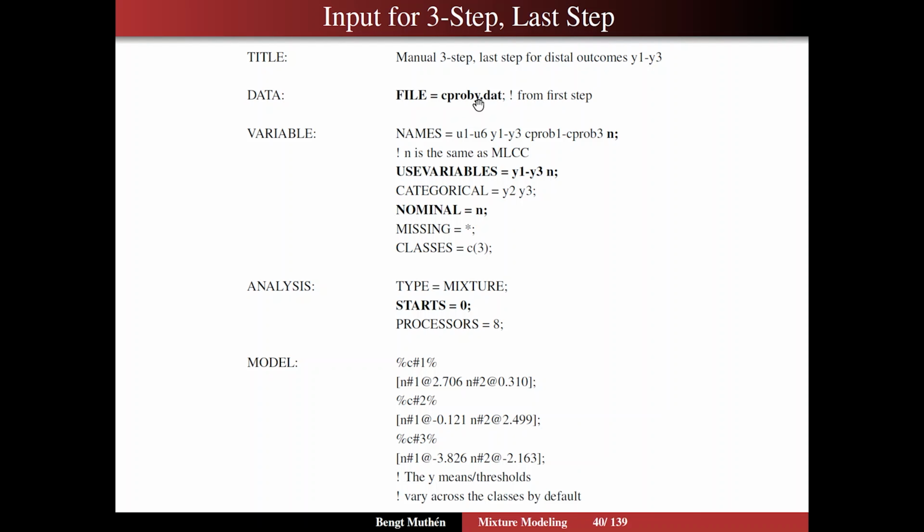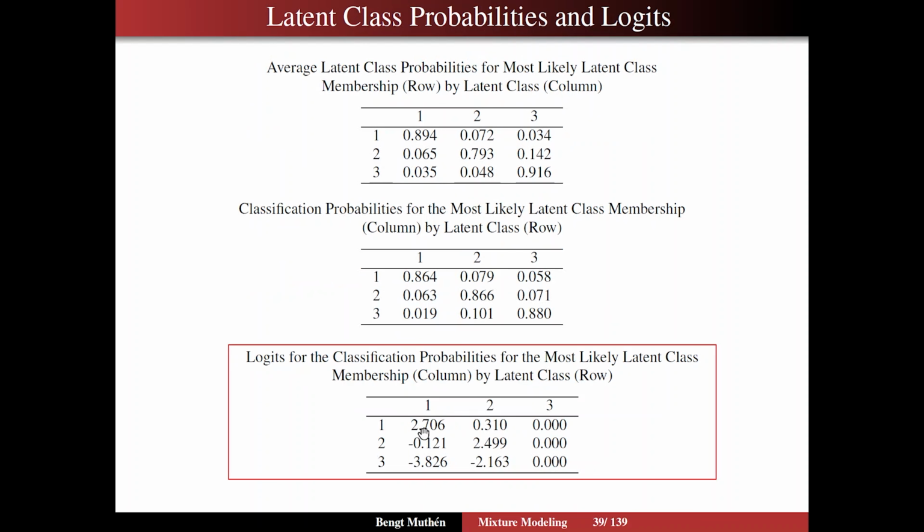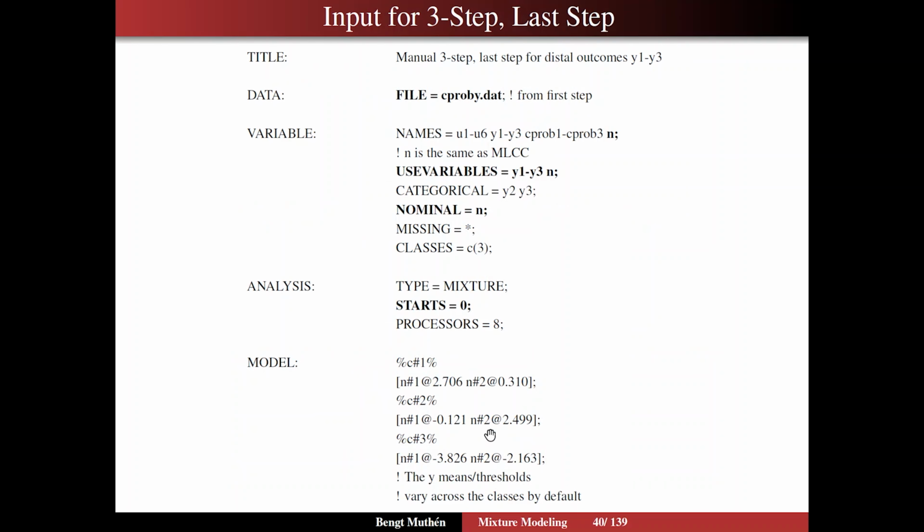And that was shown on slide 38 as well, that missing data is now denoted asterisk or star. And since this is the last step analysis in the mixture modeling, we use starts equals 0. More on that later. And now we have a model statement for each of the 3 classes, C#1 to C#3. And we have the values that we looked at before, the logits on the previous page down here. 2.706, 0.310 for instance.